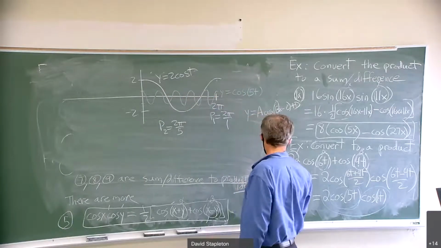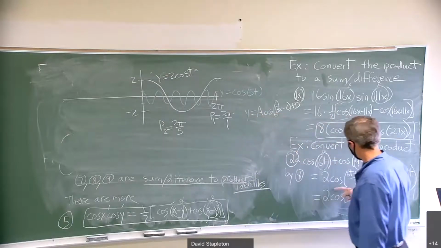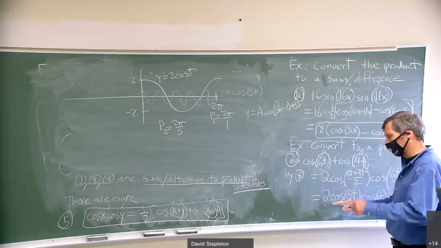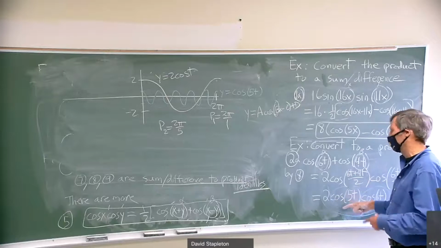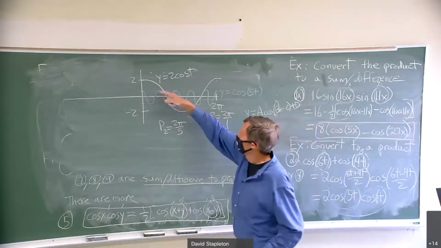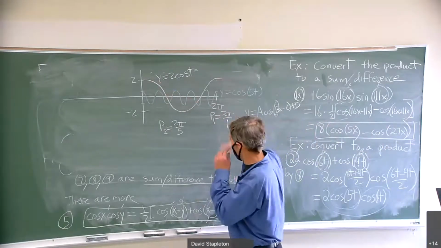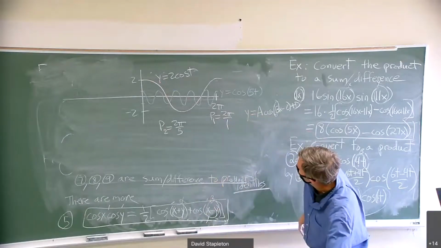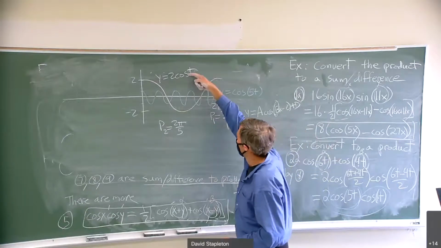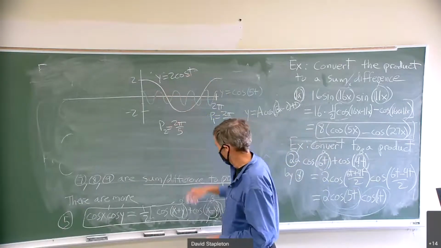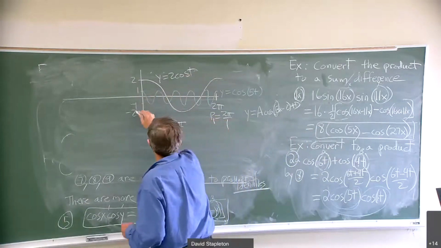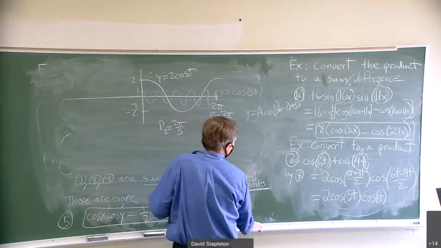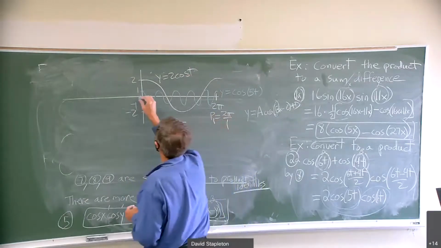And what happens when you multiply them? This function cosine 5t oscillates quickly between plus and minus 1, right? It multiplies the bigger one. And so what happens when you take the product and graph it? The product of this function, y equals 2 cosine t, with this one that goes between plus and minus 1 real fast, y equals cosine 5t.